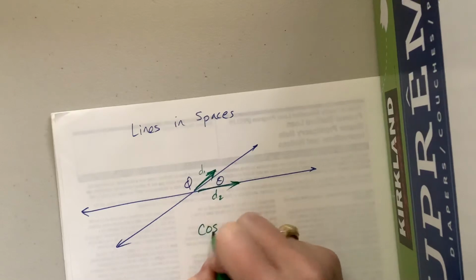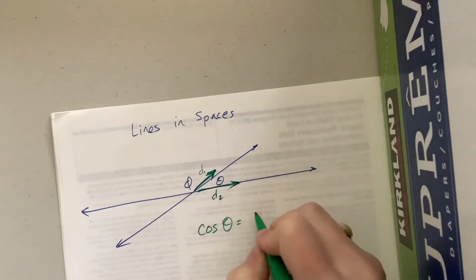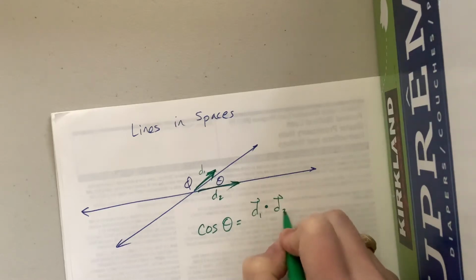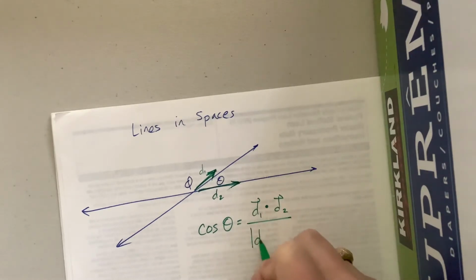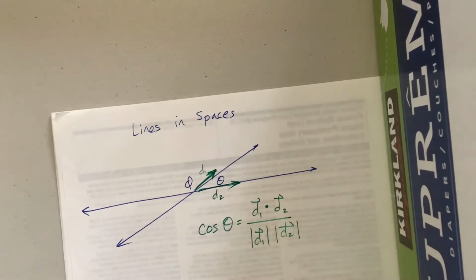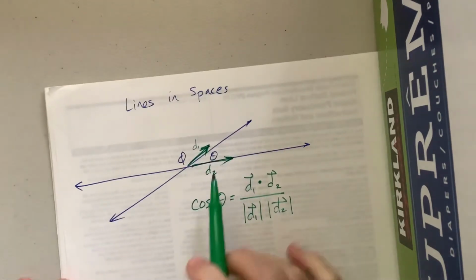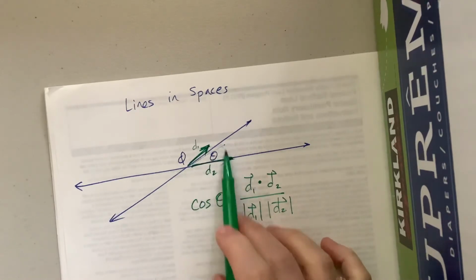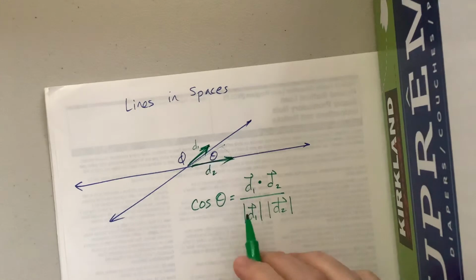Well, remember, we have cosine of theta is equal to the dot product of D1 and D2 divided by the magnitude of D1 times the magnitude of D2. If I'm picking things that go in this direction and in this direction, that ends up giving me the acute angle automatically.